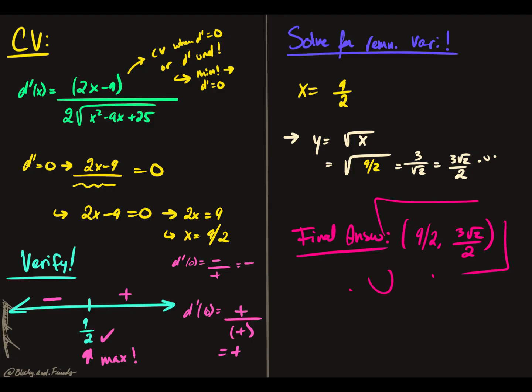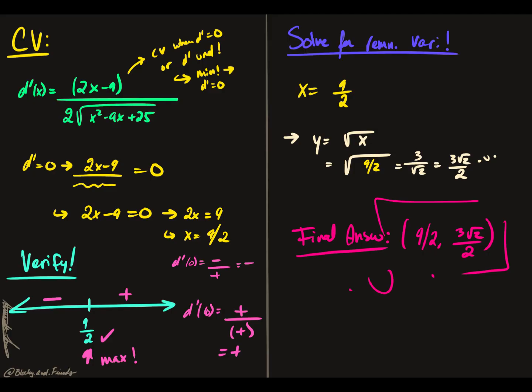And mins only happen when d prime equals 0, not undefined. So we don't actually care when this is undefined. Sure, that causes problems, but that's the interesting part, you see? Okay, so you'll have d prime equals 0 when 2x minus 9 all over the denominator equals 0. You multiply the denominator to the side, and that gives you 2x minus 9 equals 0, which gives 2x is equal to 9, which gives x is equal to 9 halves. Also, incidentally, the denominator will never equal 0 because the discriminant is negative, but y'all don't need to know that.